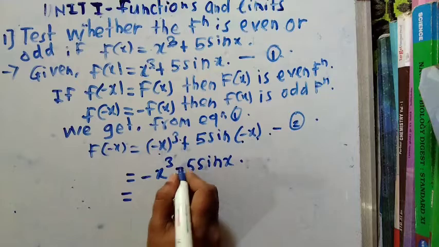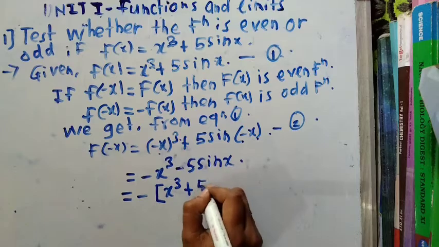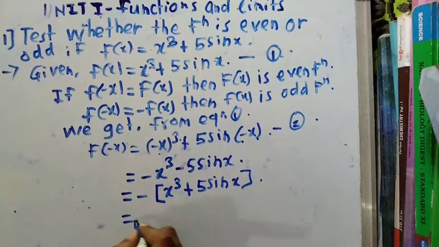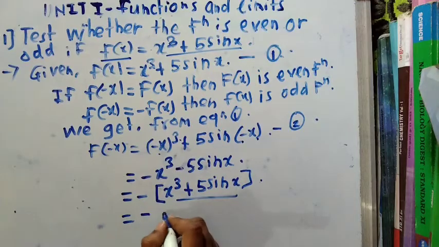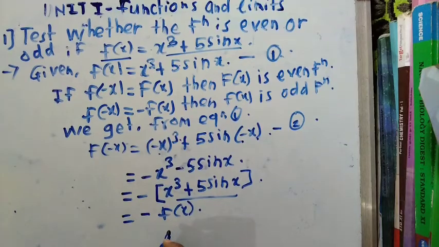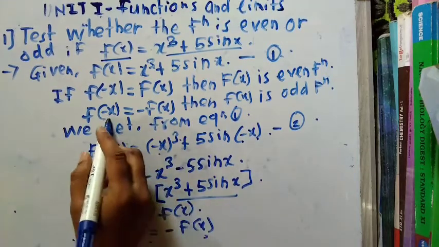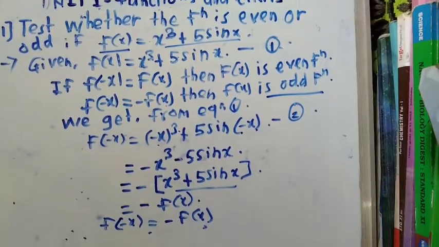Taking the minus sign common, we get minus of x cube plus 5 sine x. But this is f of x, so it is minus f of x. Hence f of minus x is equal to minus f of x. So this condition is satisfied. Hence this function is an odd function.